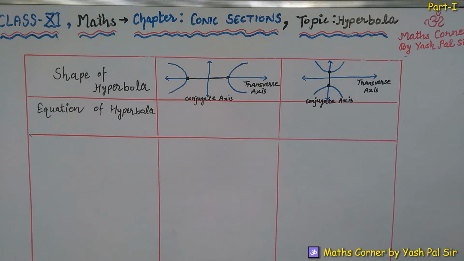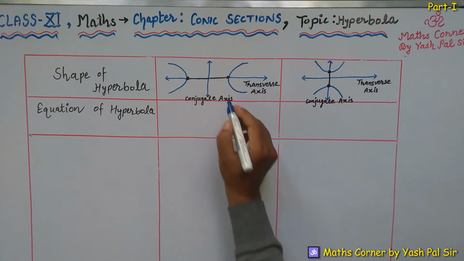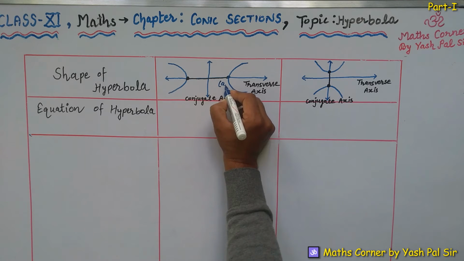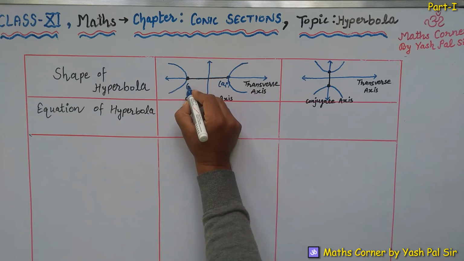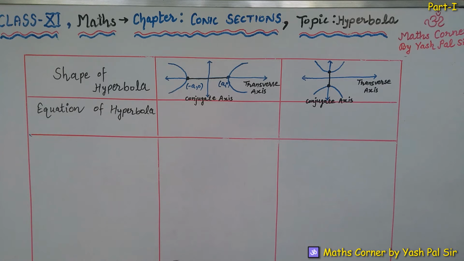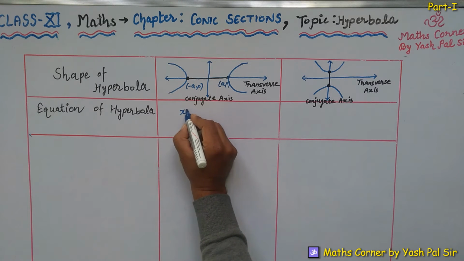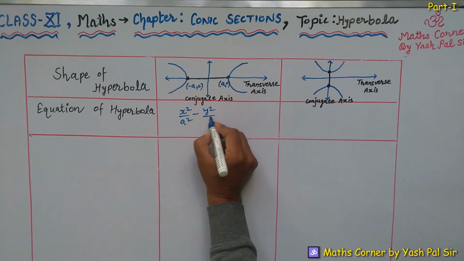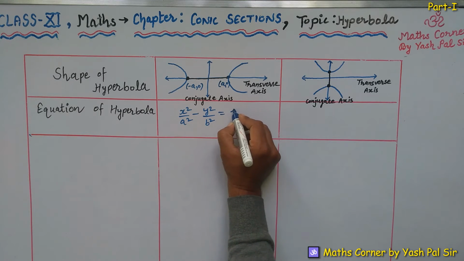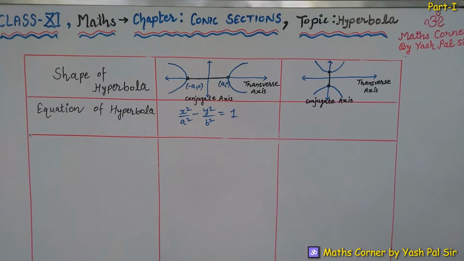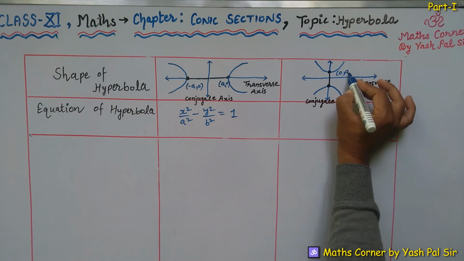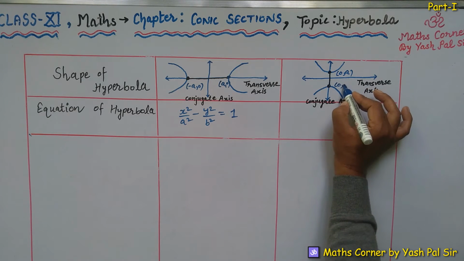Now we shall discuss the equations of the hyperbola. This is the shape, and in this case the coordinates of the vertices are a comma 0 and minus a comma 0. So the equation will be x square upon a square minus y square upon b square is equal to 1. In the second case we have the vertices 0 comma a and 0 comma minus a.